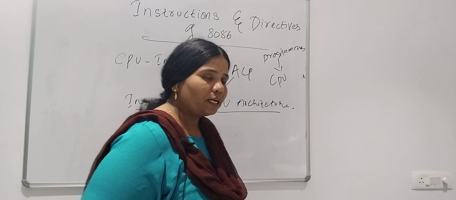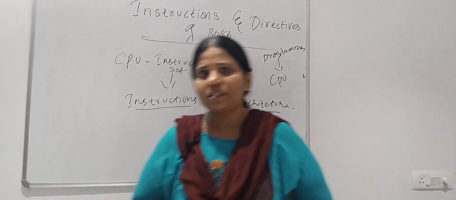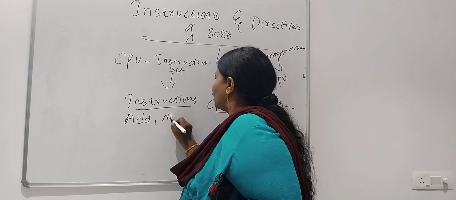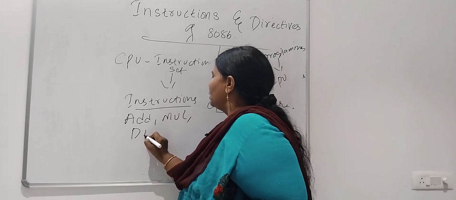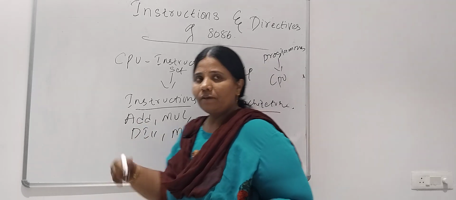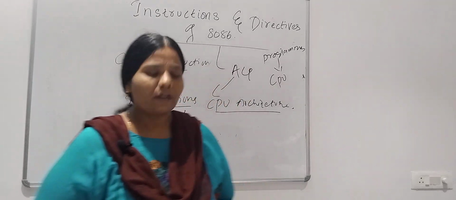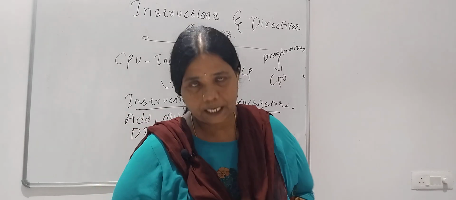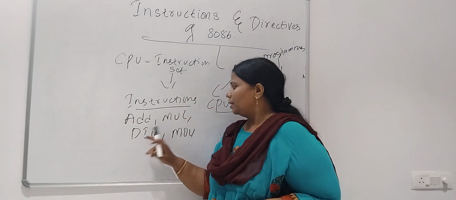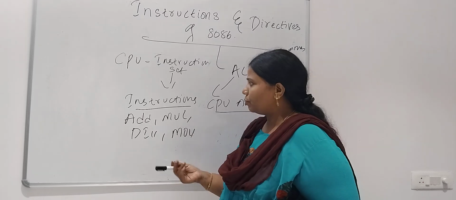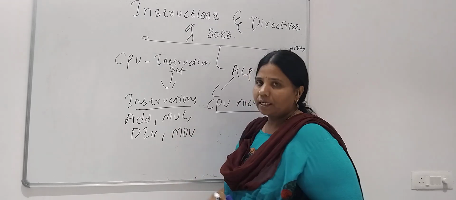Similarly, in assembly level language programming, instructions like add, mul, div, move, each tell one operation. Add is a mnemonic, mul is a mnemonic, that is nothing but one instruction. Div is another keyword, called a mnemonic in assembly level language, and move is another instruction.